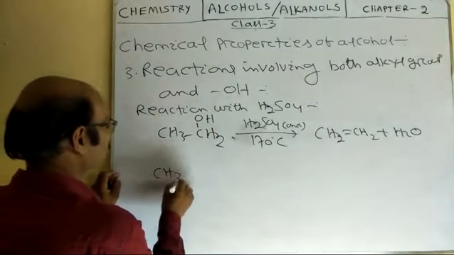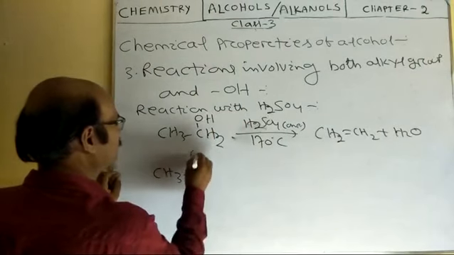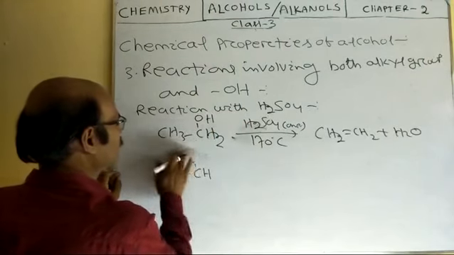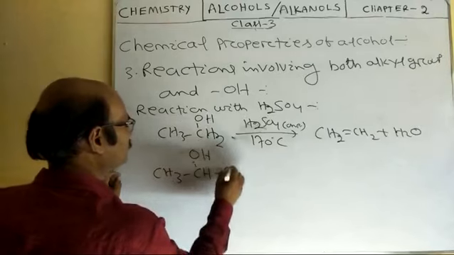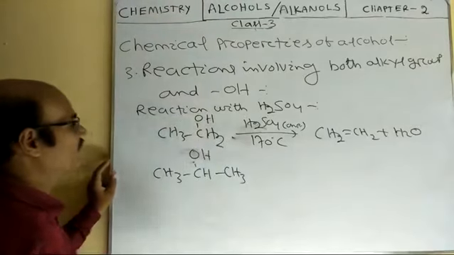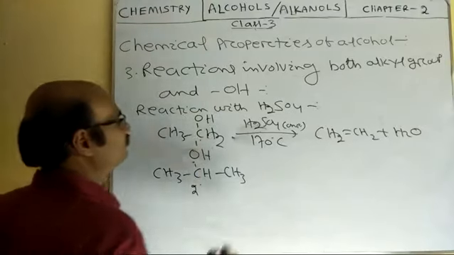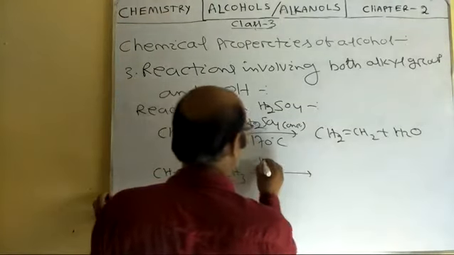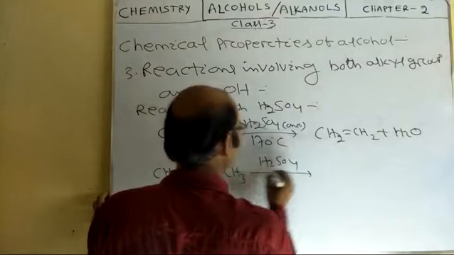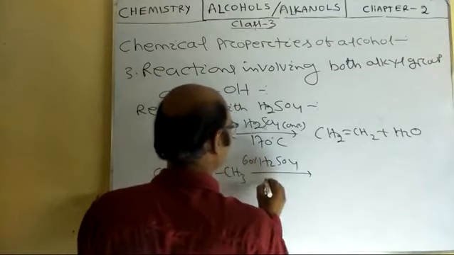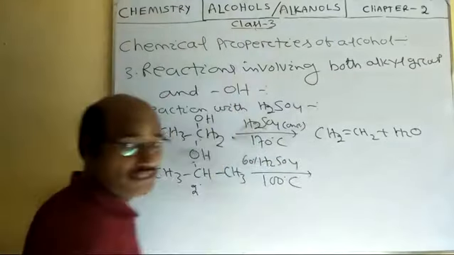CH3CH(OH)CH3. This is your primary alcohol, this is your secondary alcohol. H2SO4, 60%, 100 degrees centigrade.